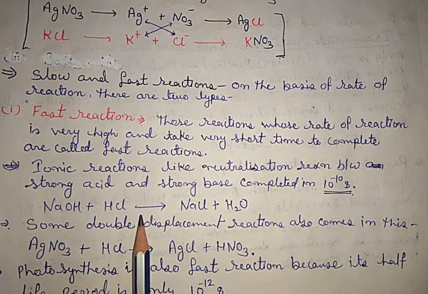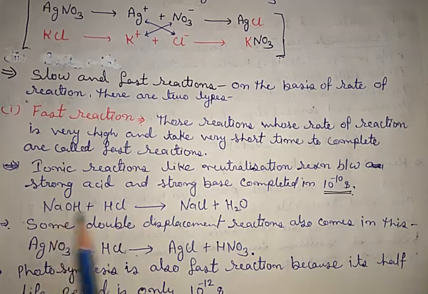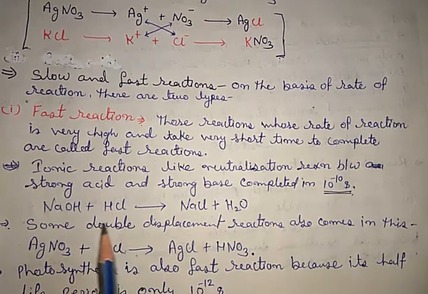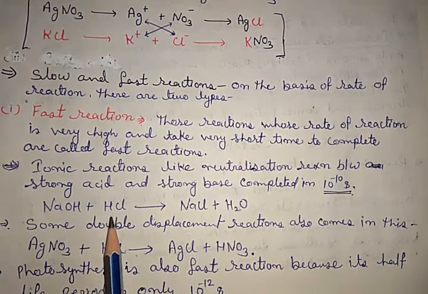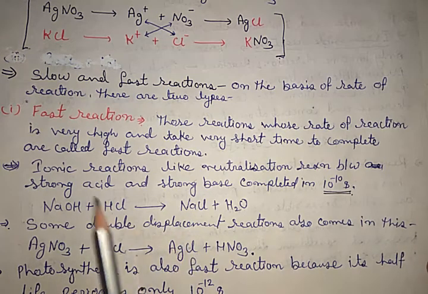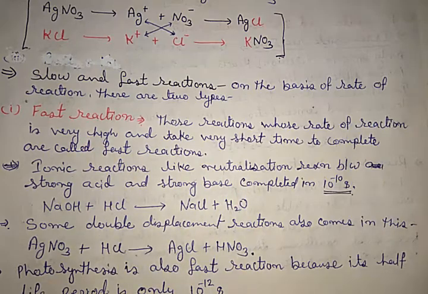They combine and make NaCl and H2O. The positive part, that is Na plus, combines with Cl negative and makes NaCl. The H plus and OH negative combine and make H2O. So that comes in the category of ionic reaction, which is a fast reaction.